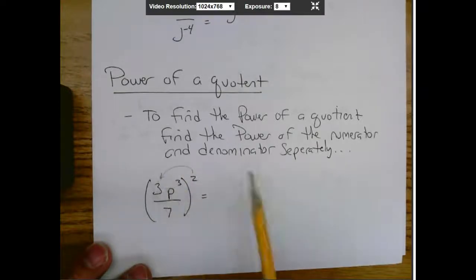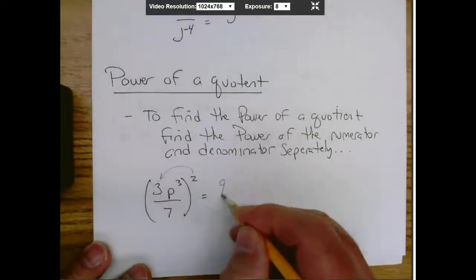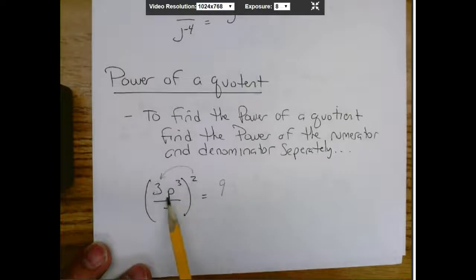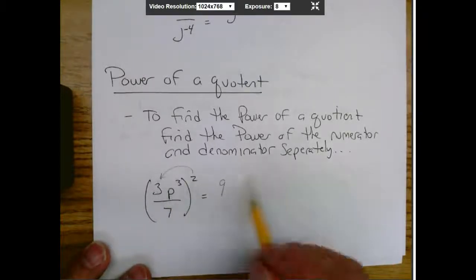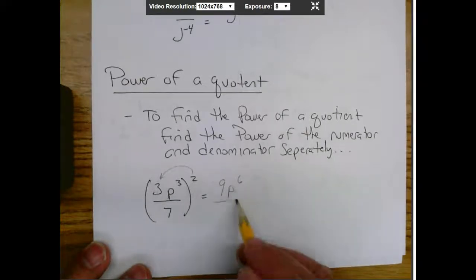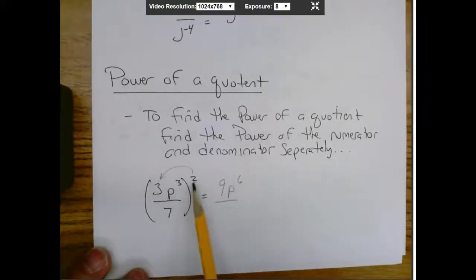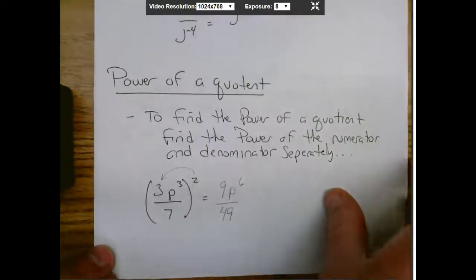So 3 squared is going to be 9. And then we just follow the rule for powers of exponents, and we're just going to multiply. So that's going to be p to the sixth. And then here we're going to take the second power and do it for 7. So 7 times 7 is 49. And that's our answer, that's how we do power of a quotient.